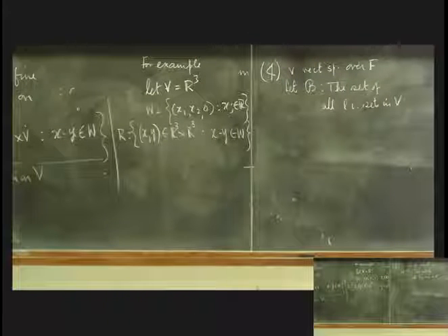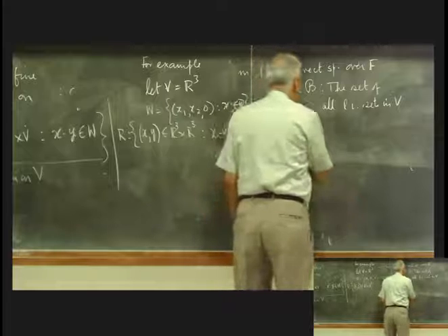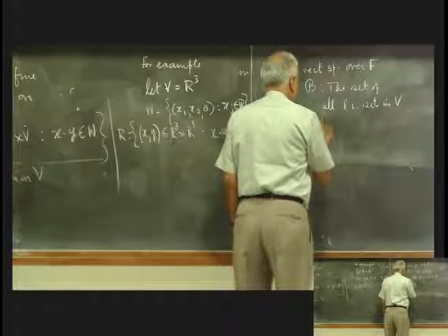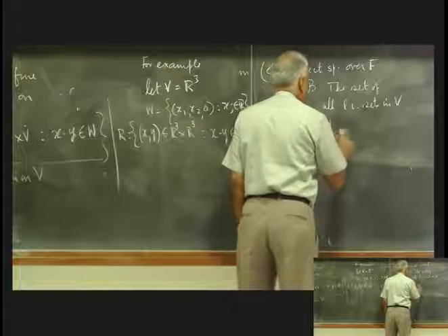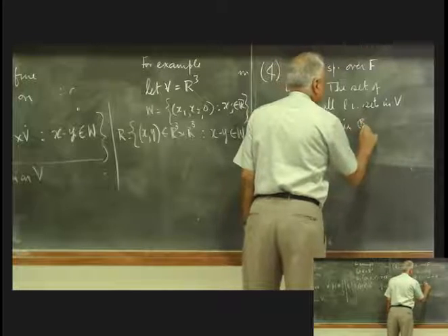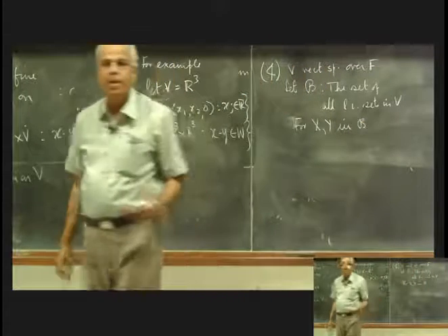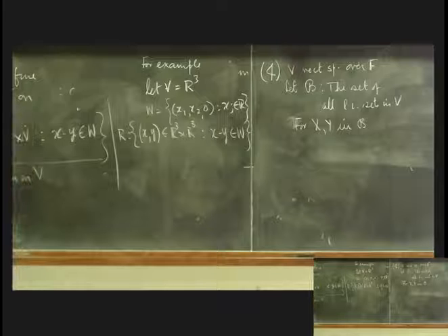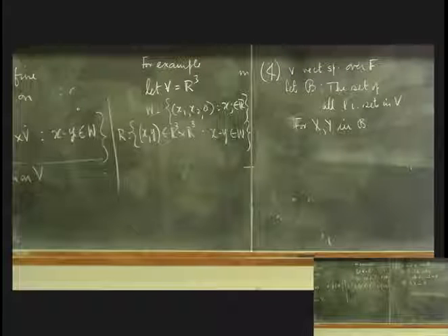That is the B for me. And define, for x, y in B, what does x, y in B mean? x and y are linearly independent sets in B.